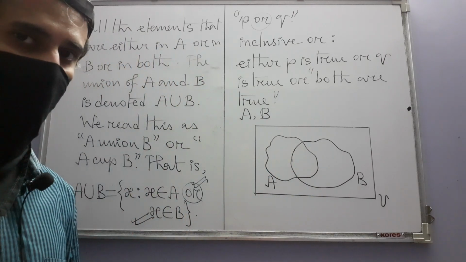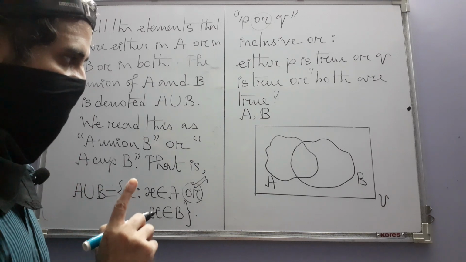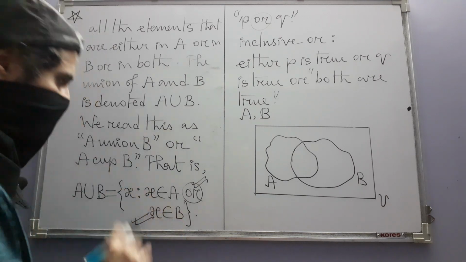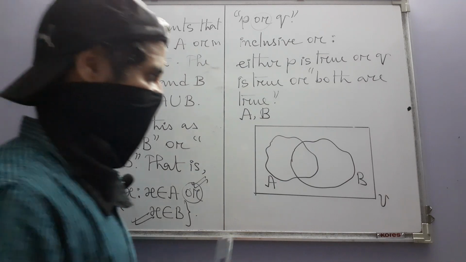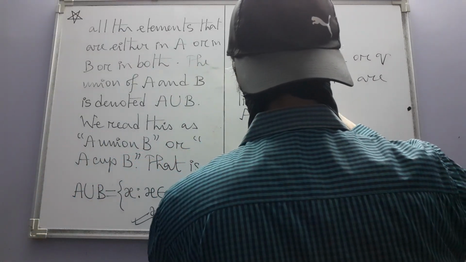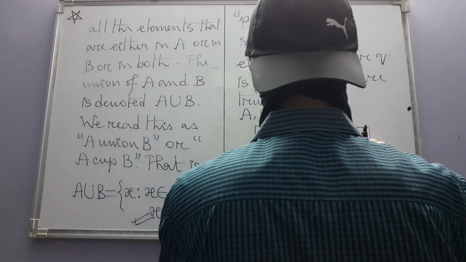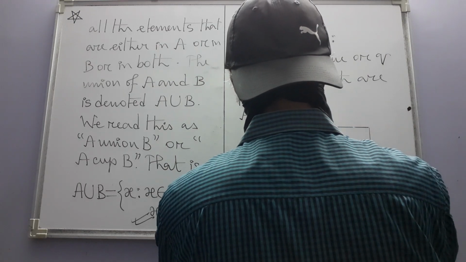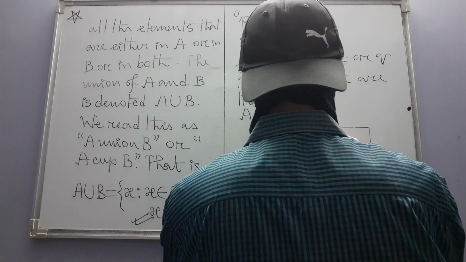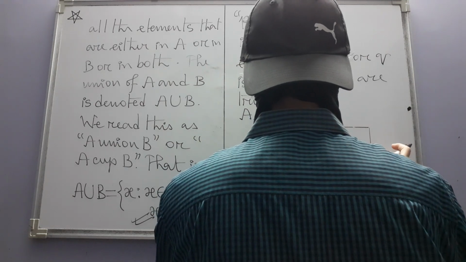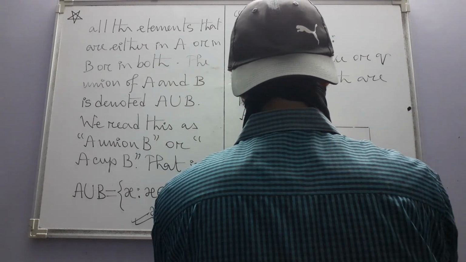This is understood. However, what is the set A union B in this figure? That set is this. In order to show what that set is, in the text you will see that color has been used.